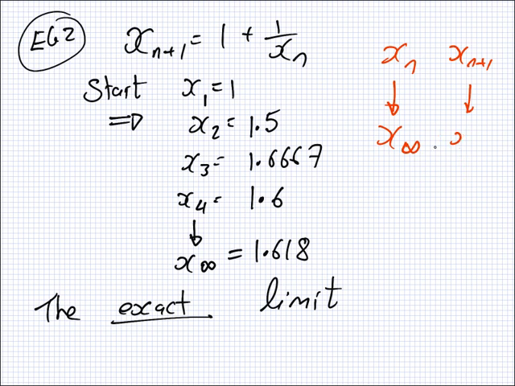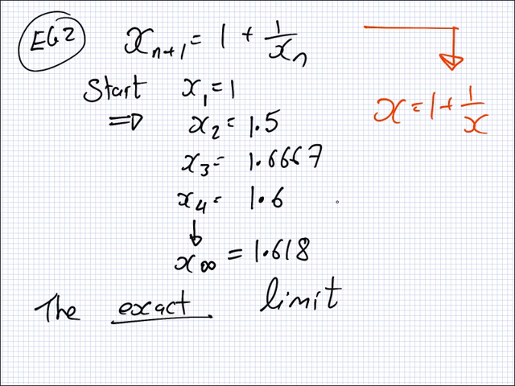What you do is you change this into this. Because what you're saying is, if n is infinitely big, then this one and this one will be no different, and they'll both actually be the limit. So if you solve this equation, we can get the answer.